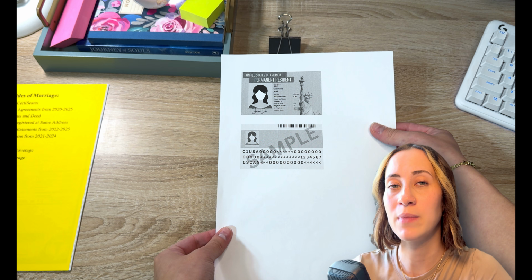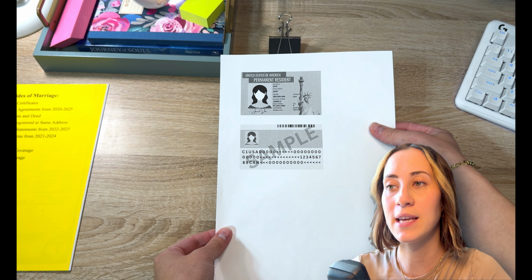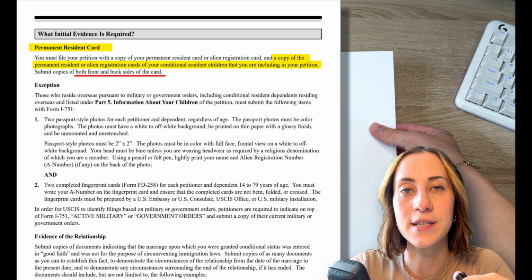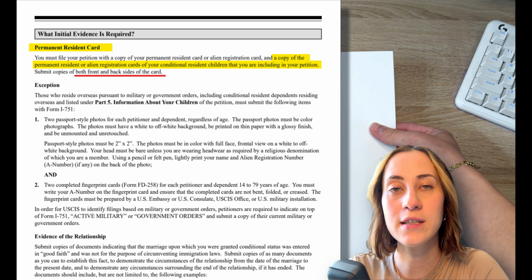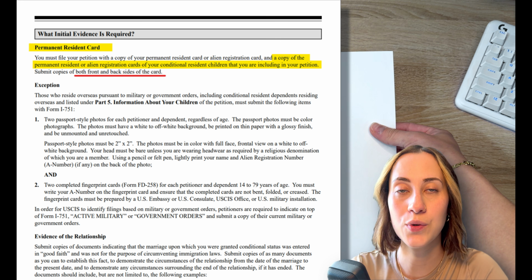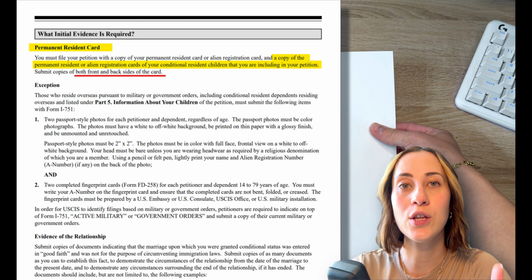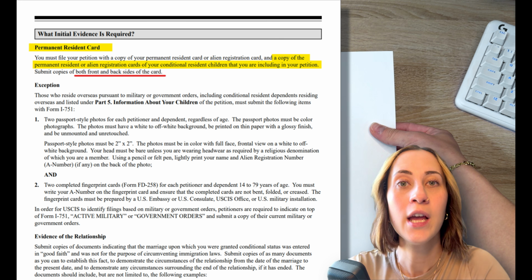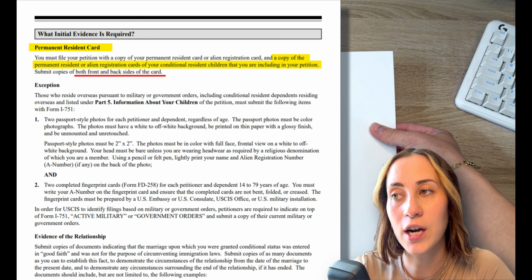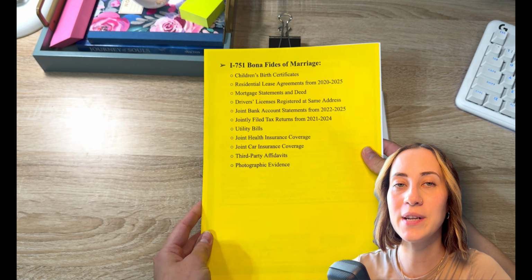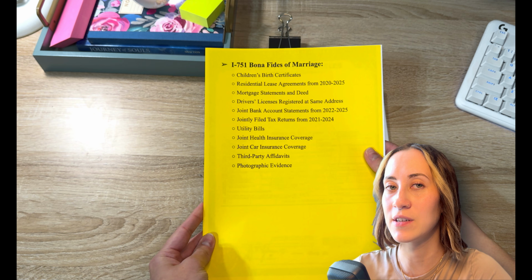It's okay if it's in black and white, as long as the copy is legible. And then, of course, if you have any children who are also removing conditions at the same time as you in this packet, then you would also need to include copies of the front and the back of their conditional green cards.